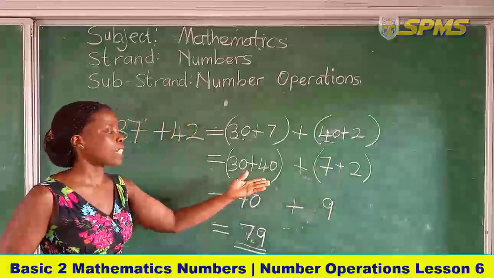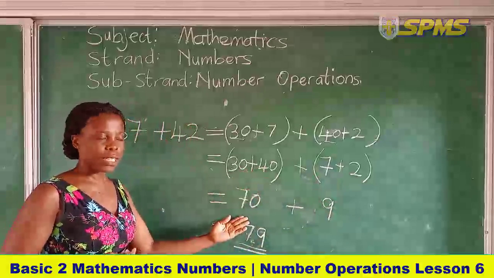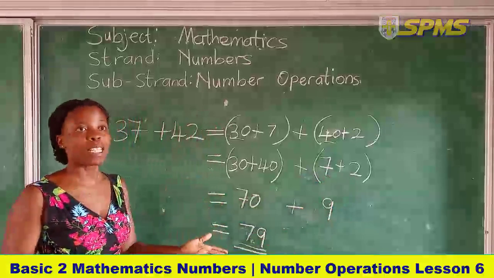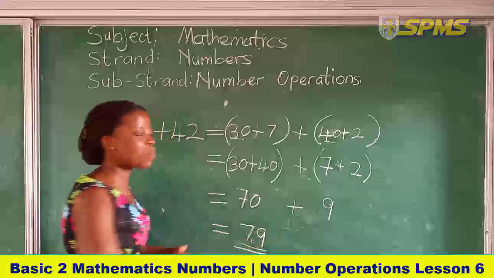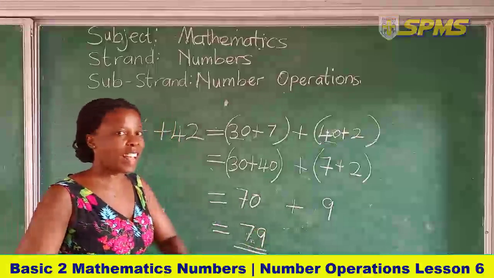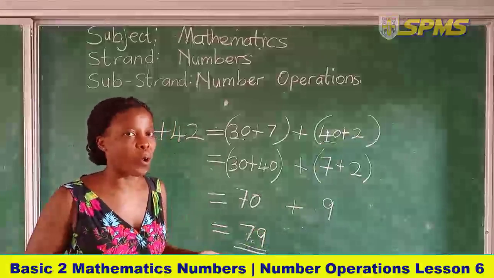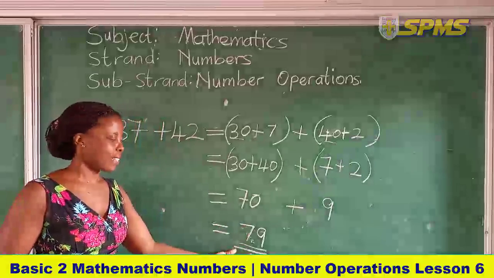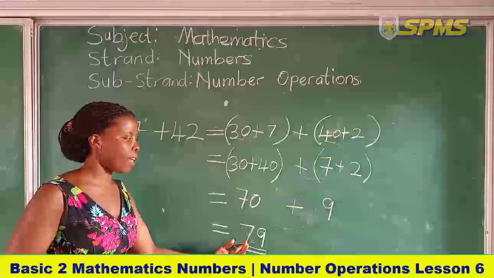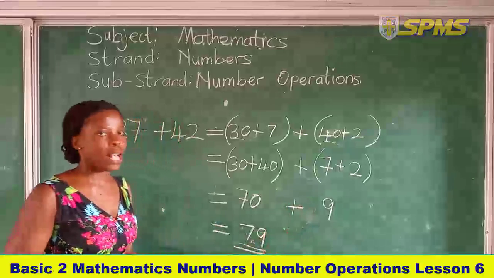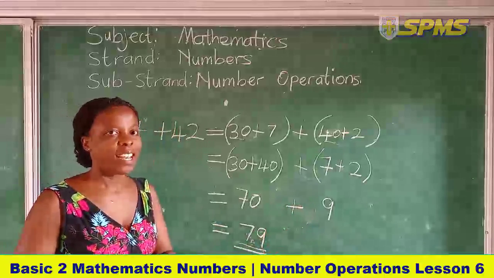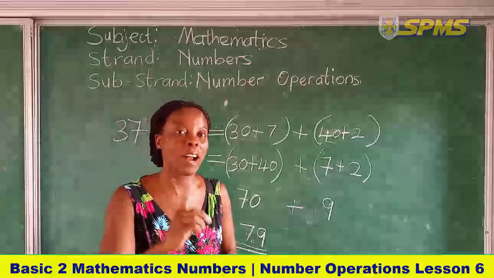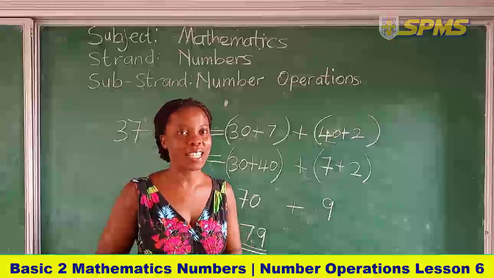So 30 plus 40 gives you 70. 7 plus 2, 9. So automatically, your answer has been represented in the tens and ones column. You simply pick them and write them like this. So 70 representing 7, then the 9 follows. Your answer is 79.